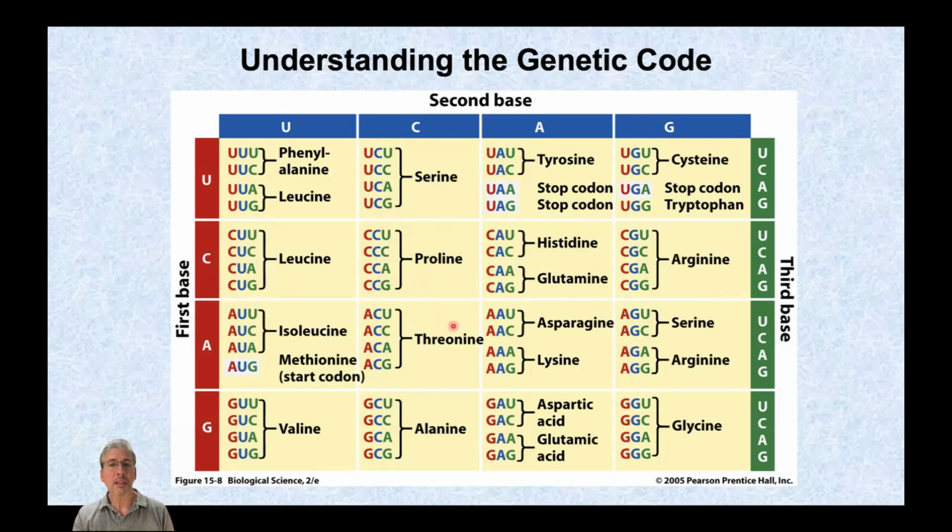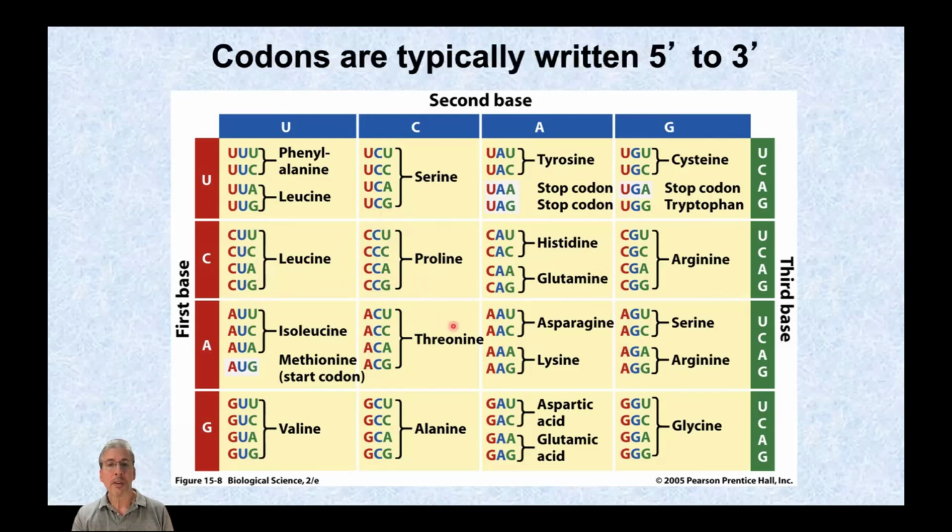But let's explore this a little bit farther. I keep saying you have to keep in mind your 5's and 3's. Codons are typically written in a 5' to 3' direction, referring to the messenger RNA in question. So for example, the codon CAU would be 5' CAU 3'.